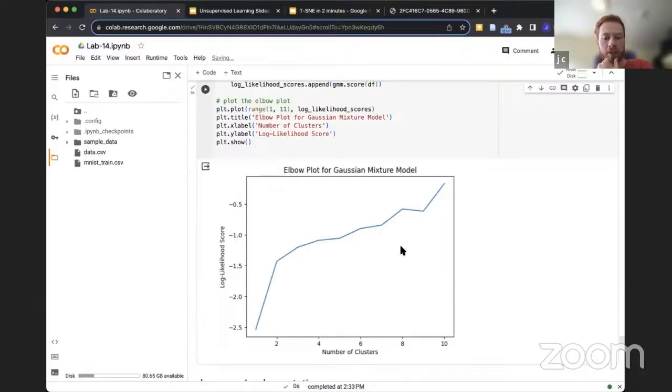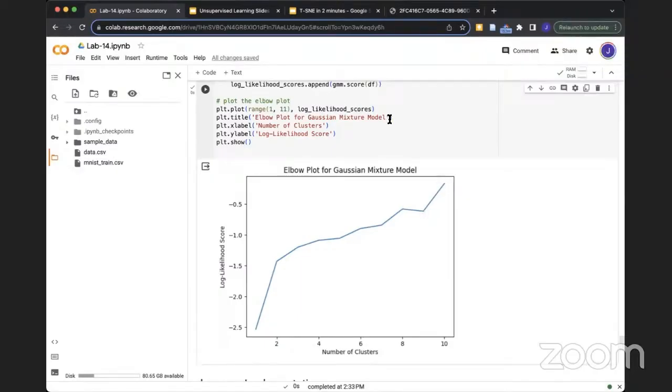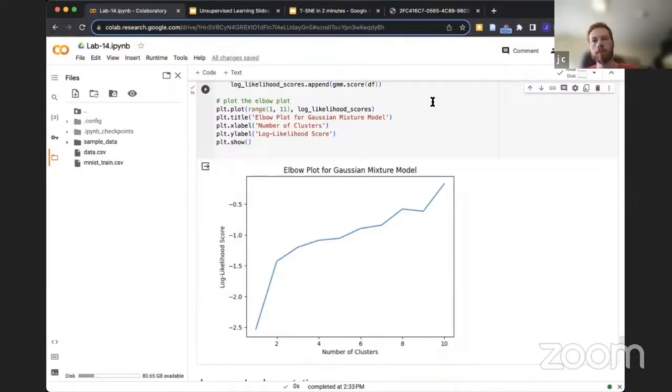What would be interesting values to try out in this setting? If you look at this plot: 2, 3, 4, 5, 6, 7, 8, 9, 10 maybe. Two and 4, 3. 2 or 3, okay.